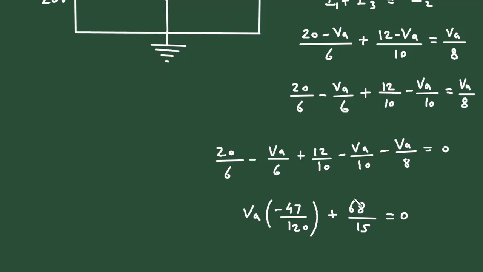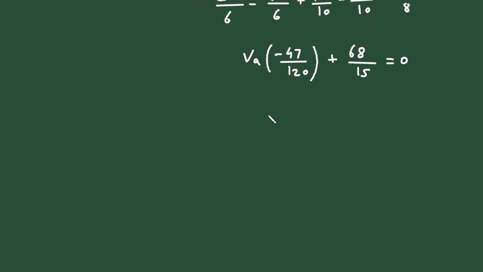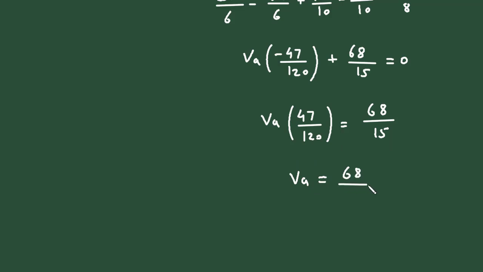Now if we take this on right side, VA in bracket 47 divided by 120 is equal to 68 divided by 15. So therefore VA is equal to 68 divided by 15 multiplied by 120 divided by 47.